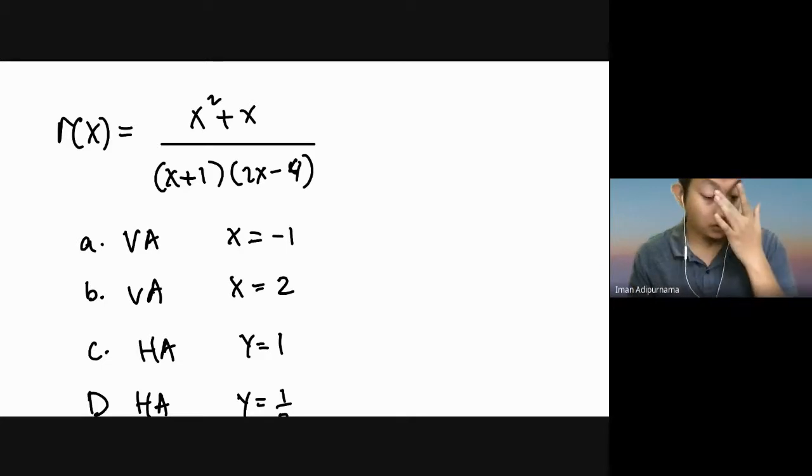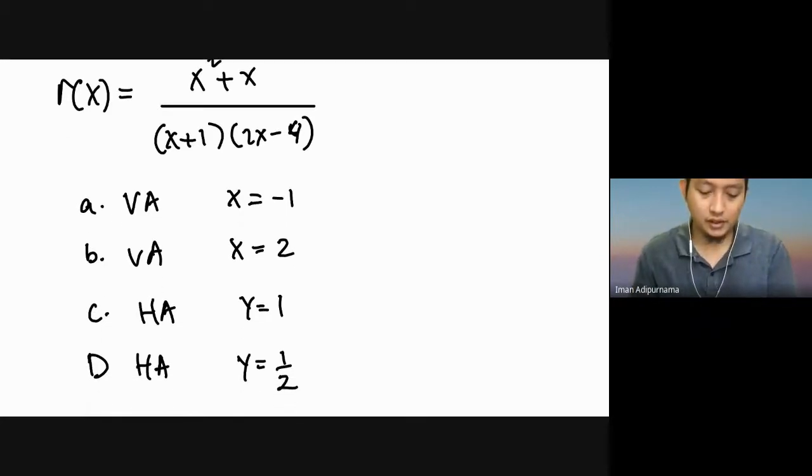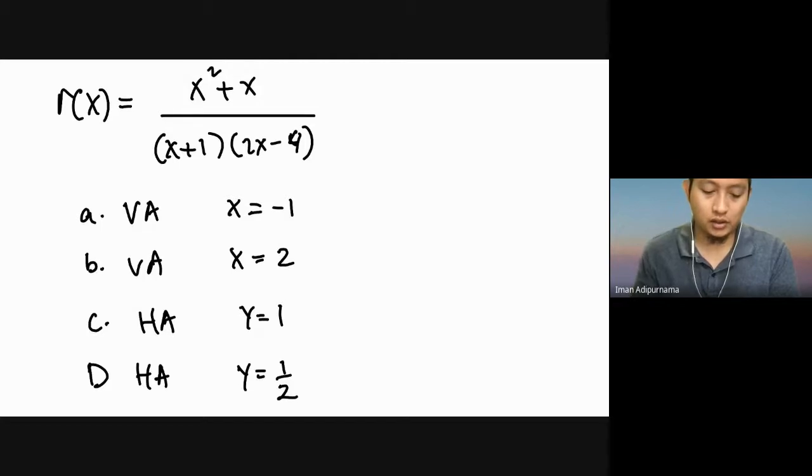If we look at this, you are probably thinking that maybe these functions have a vertical asymptote and a horizontal asymptote.